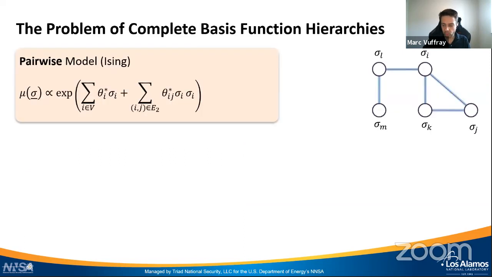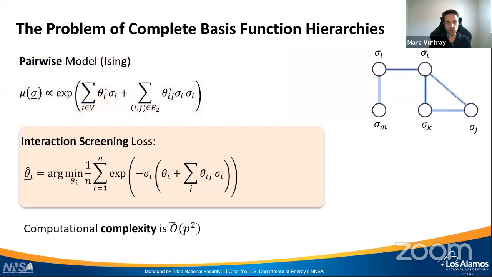So if you look at the standard way of building hierarchies with these models, if you want to fit a certain model to a distribution, you would start by postulating that maybe it's an Ising model. I would write my favorite estimator to learn the Ising model, in this case the interaction screening loss. And the computational complexity scales like p squared.